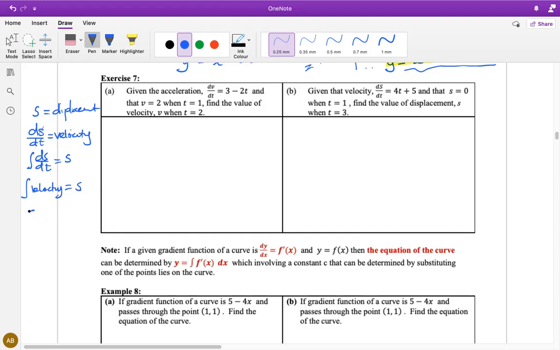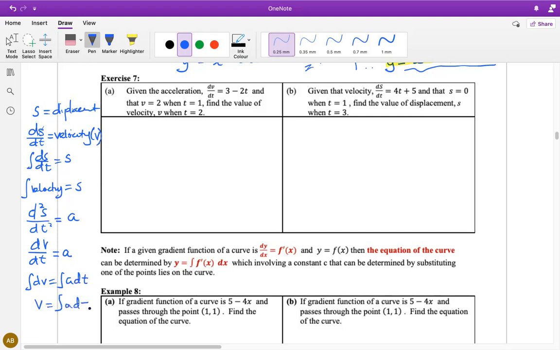If I integrate d squared s/dt squared, I will get acceleration, or dv/dt. I will get a. That means velocity here is v. If I want to get back v, that means I integrate a dt, so I will get back my v.